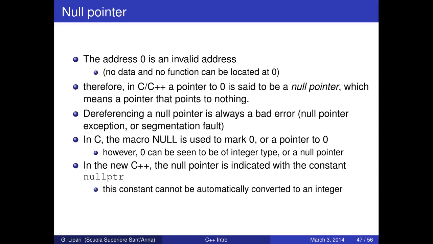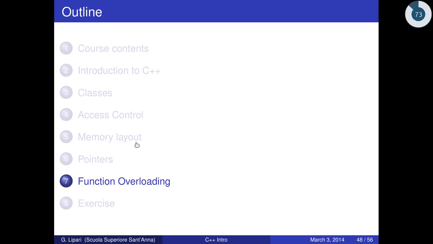In C++, they try to solve this problem of typing by using a specific constant, which is called nullptr, which indicates a null pointer and cannot be automatically converted to an integer. This will catch some errors, because it's not possible to convert 0 in the sense of a null pointer to 0 in the sense of an integer.